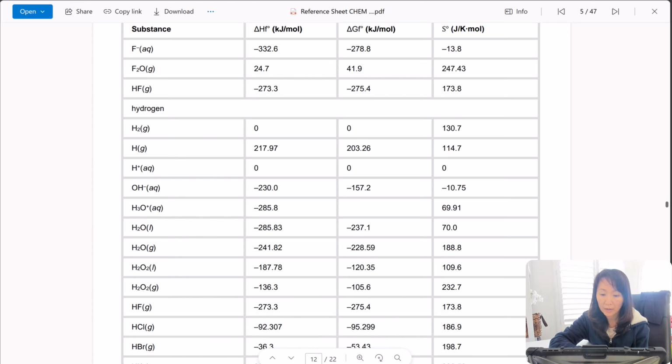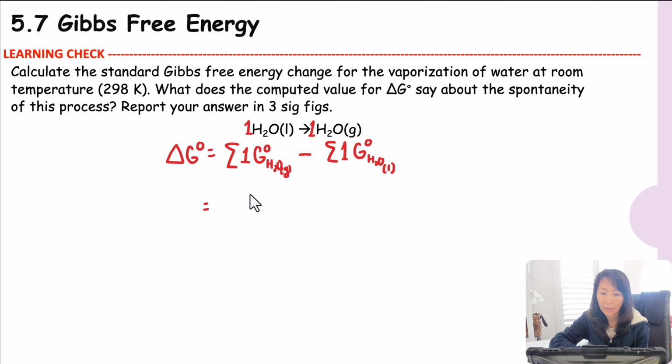So let me go back. So here we're going to write 1 mole, and the G naught of the gas was negative 228.59 kilojoules per mole, minus, and then we had our 1 mole.